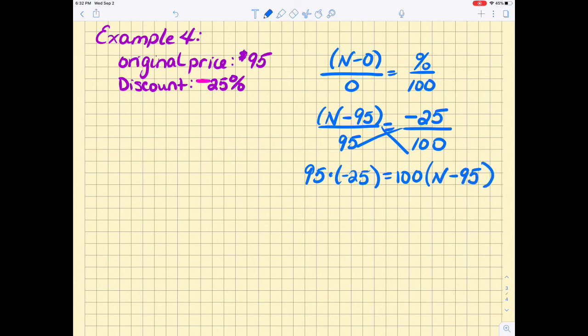And from there now it's just a multi-step equation. So if we multiply negative 25 times 95, we get negative, now be careful, watch your negatives, 2,375. And over here we can distribute that 100, get 100n minus 9,500. Now we need to add 9,500 to both sides.